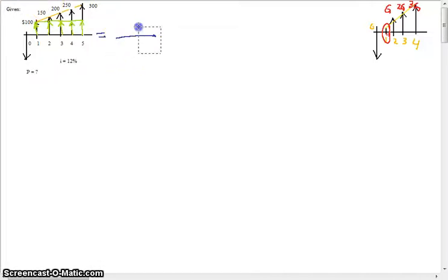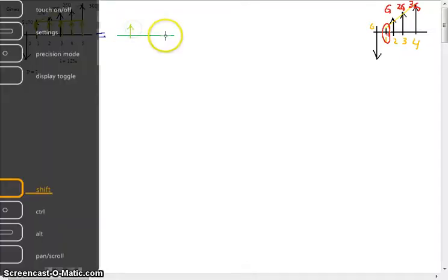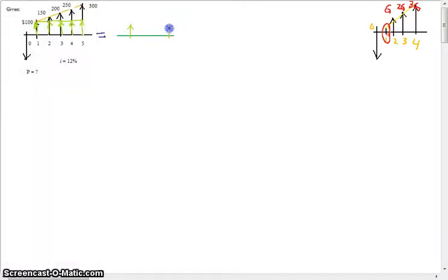One being this uniform series which we just created, the green one. So let's do that first. We'll have this cash flow of the green one, and we'll make it light green, going out to year 5.